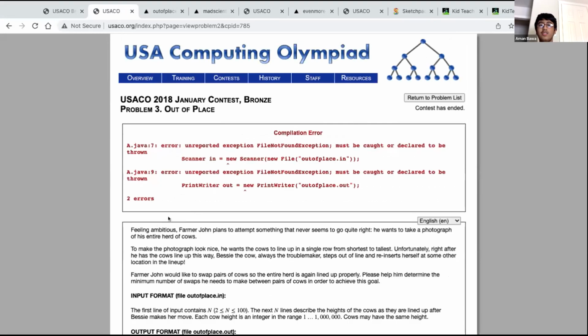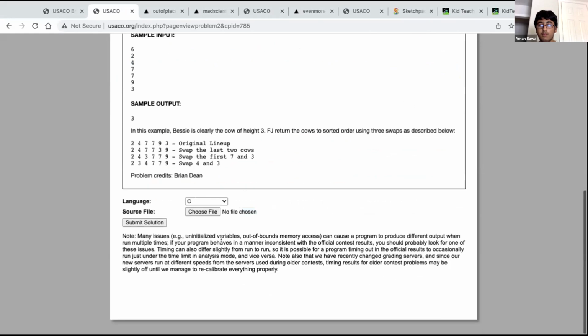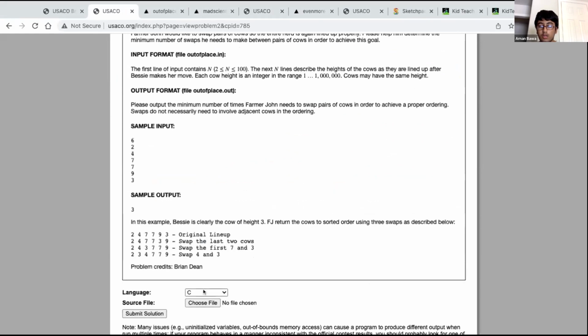All right. So another thing is that I did not include IO exception here. Throws IO exception. And I'll tell you guys why this is a problem.